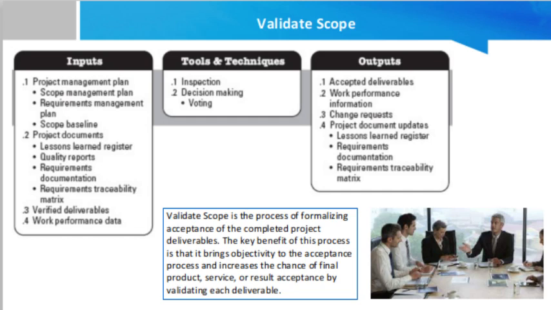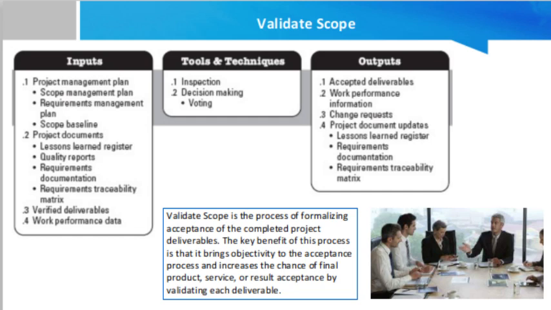Project documents. The project documents that can be considered as inputs for the validate scope process are the lessons learned register. The lessons learned in the current project or in a previous project can be applied in the later phases or stages of the project in an attempt to increase the efficiency and effectiveness of validating the project deliverables. Quality reports.